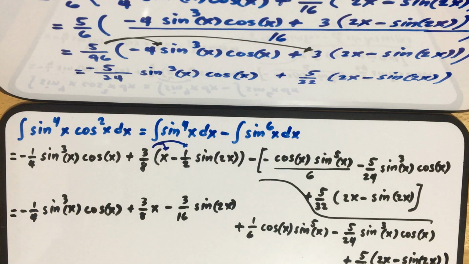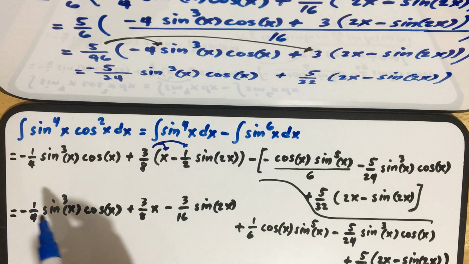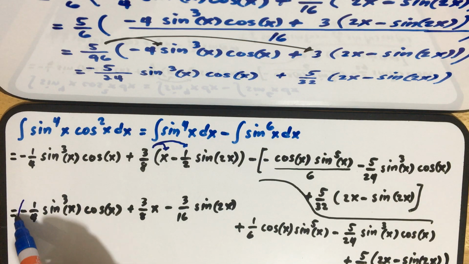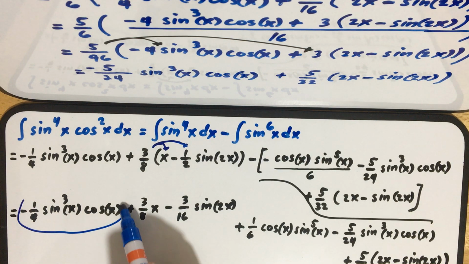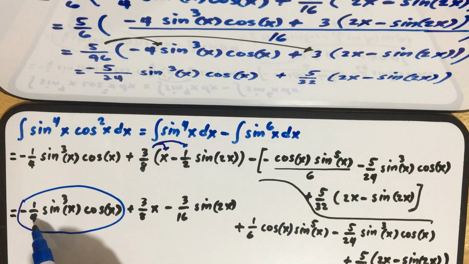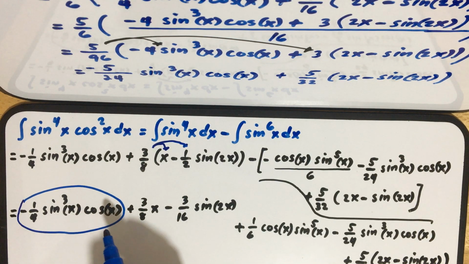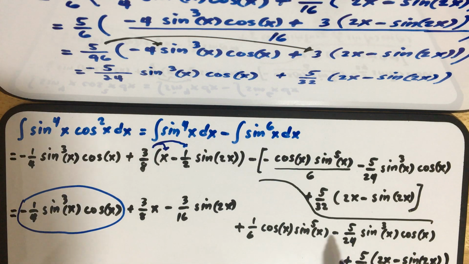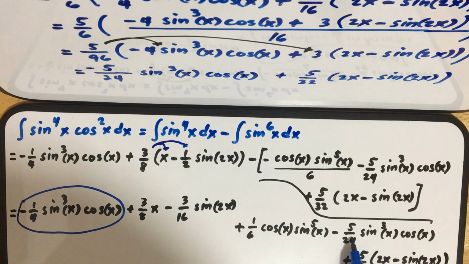Okay, and then we can combine similar terms. So we have here a term that contains negative 1/4 sine cube x cosine x, and we also have here 5/24.